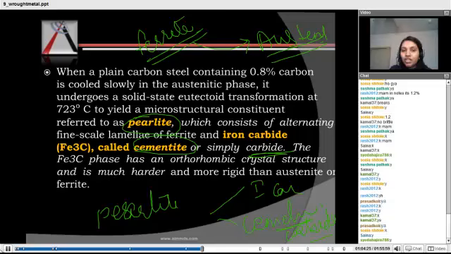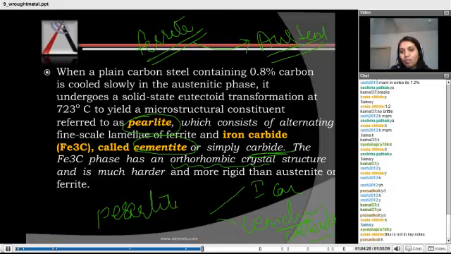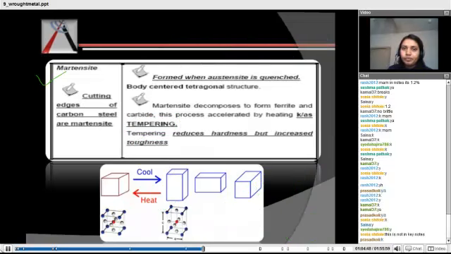Okay, this particular phase has an orthorhombic crystal structure and it is much harder and more rigid than both austenite as well as ferrite. This is how we achieve a very hard edge in carbide instrument. This is by the formation of pearlite that contains ferrite and cementite. The hardness is given by cementite.